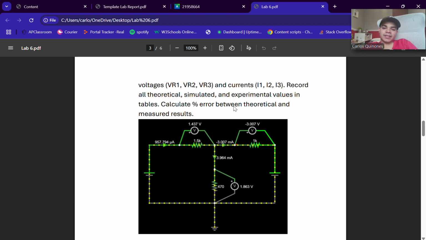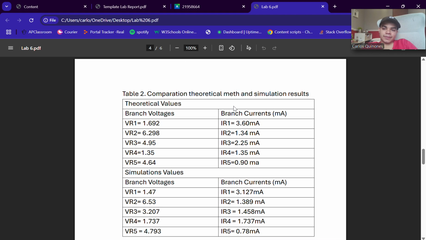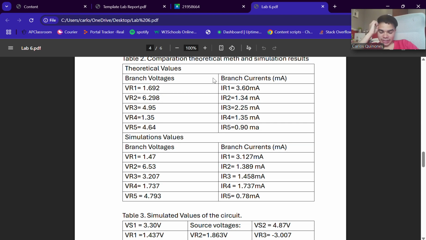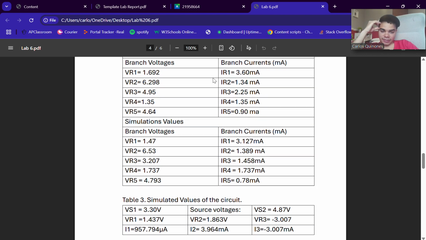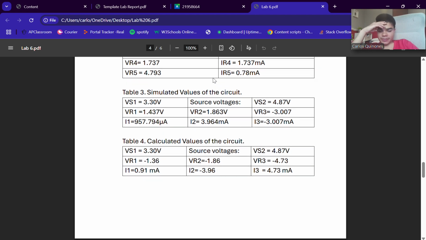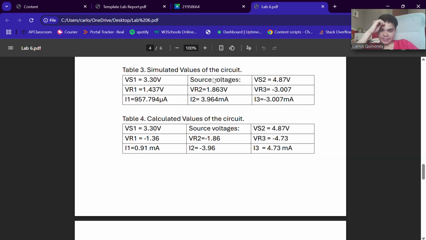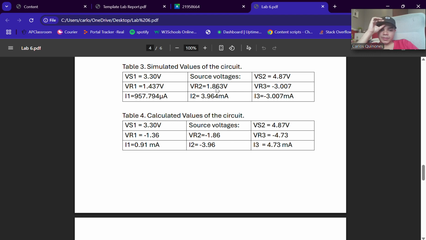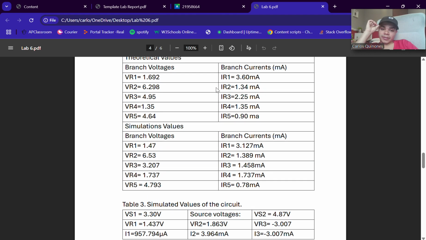That was part one of the experiment, the first circuit analysis. As you can see, it's only comparing the theoretical and the simulation. Then in part two, we have these three tables that compare the simulated, calculated, and the measured. As you can see, they differ.